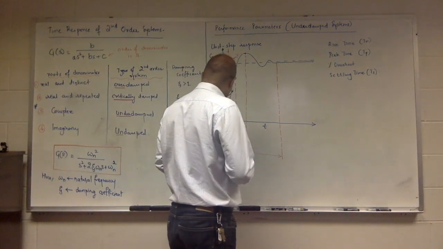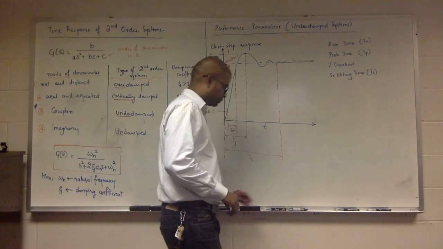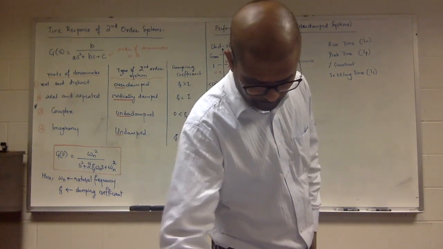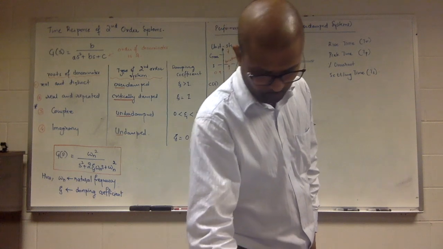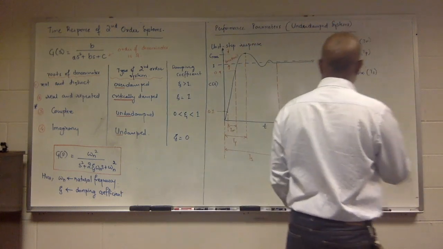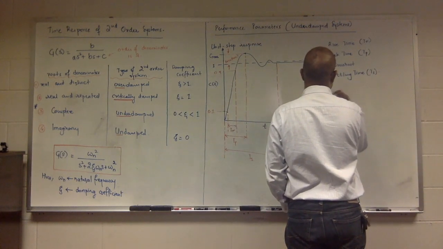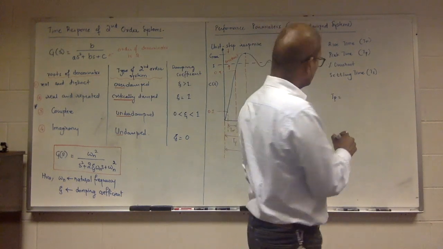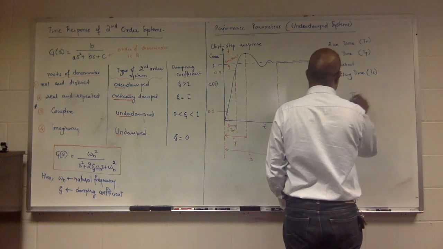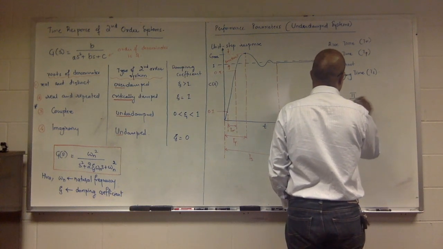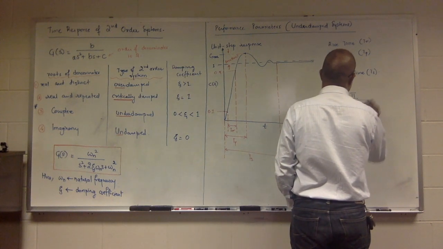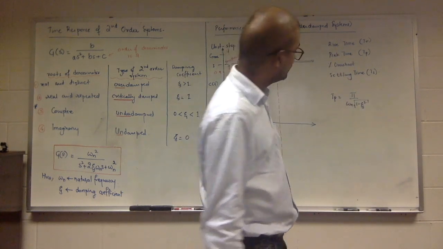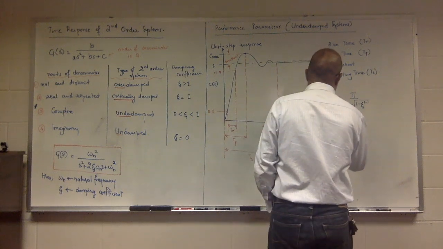You have very basic formulas you need to use. I'm going to give you those formulas directly. You can derive these as well. Tp is equal to pi over omega n root of 1 minus zeta square. Okay.